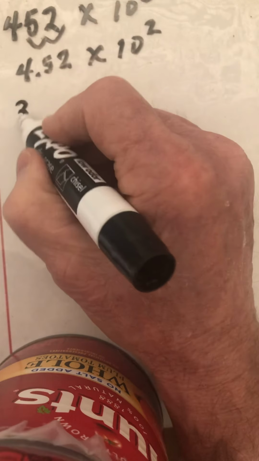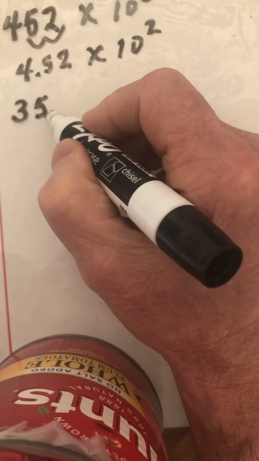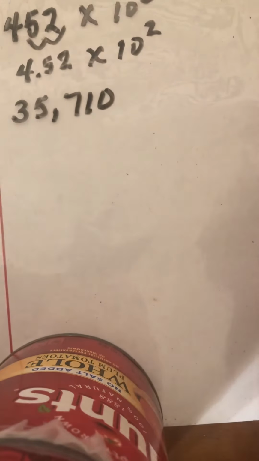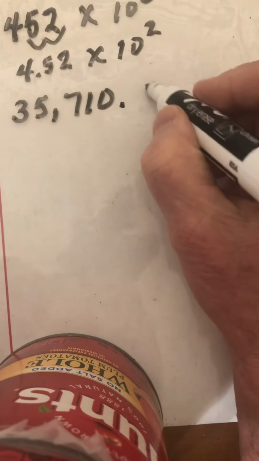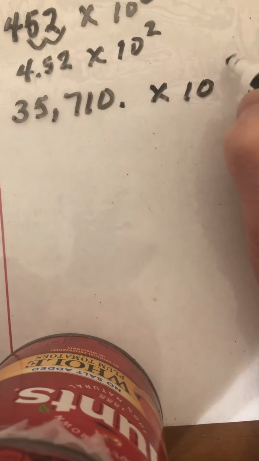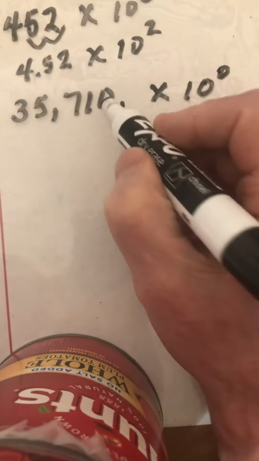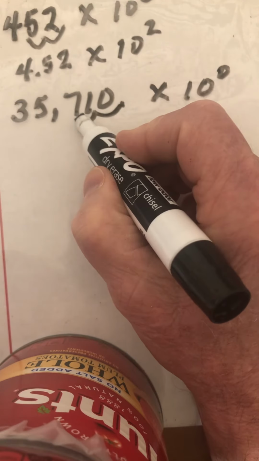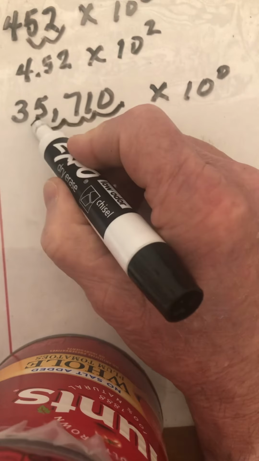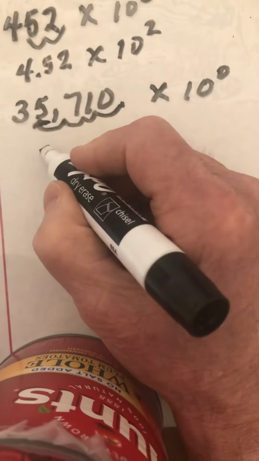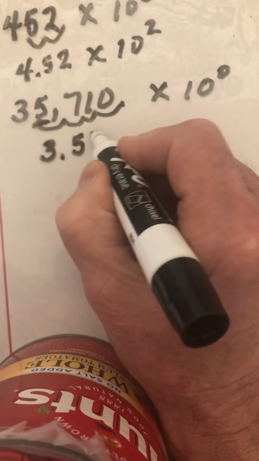The next one is 35,710, right? My decimal point is right there, and that's times 10 to the 0, right? So I move this back, 1, 2, 3, 4, right, to get 3.571.